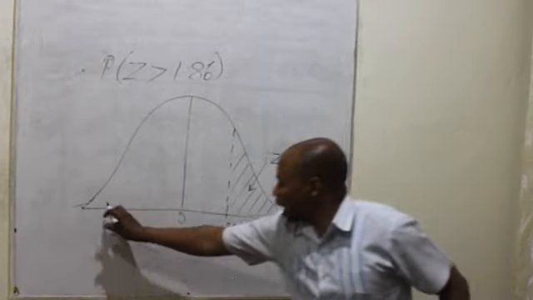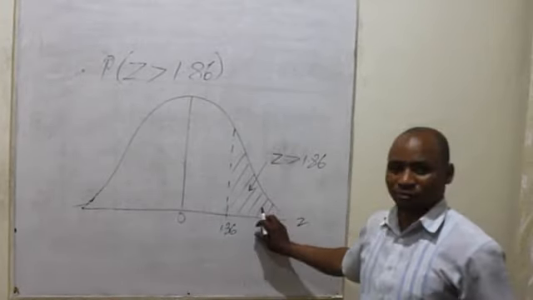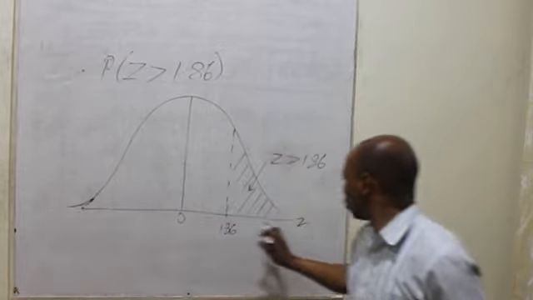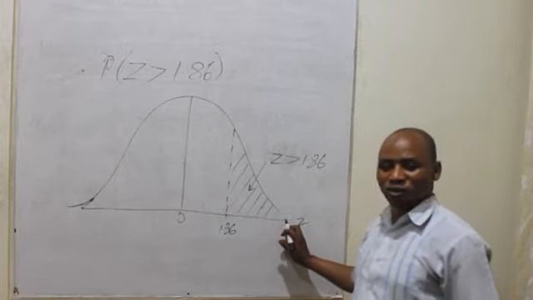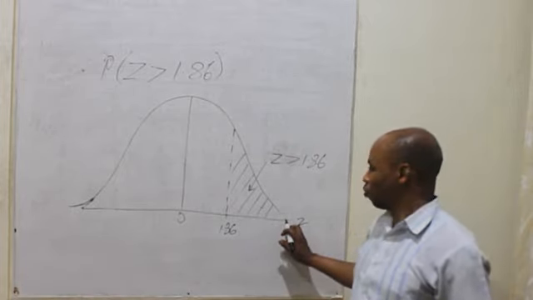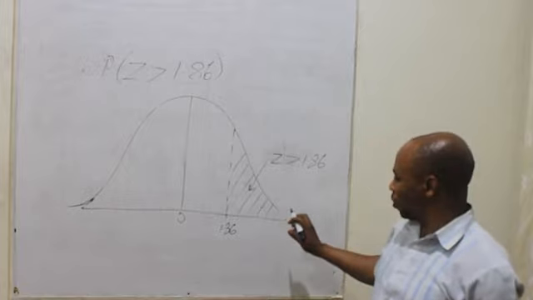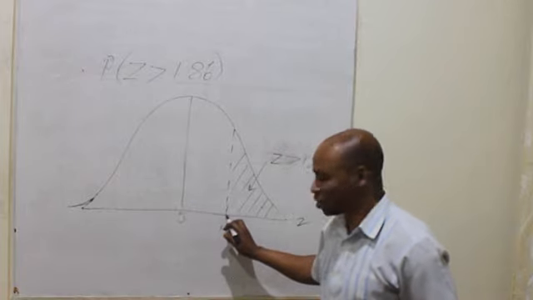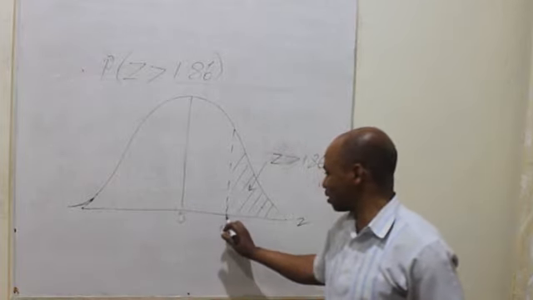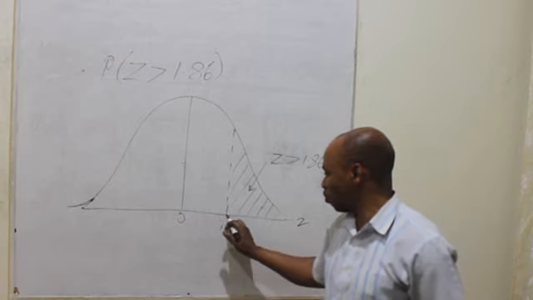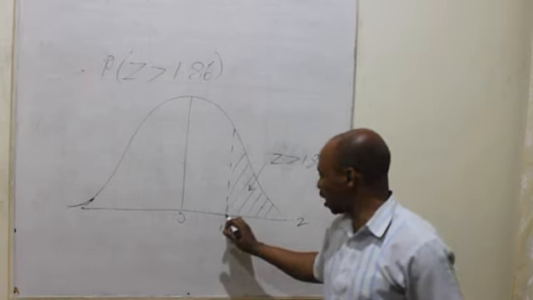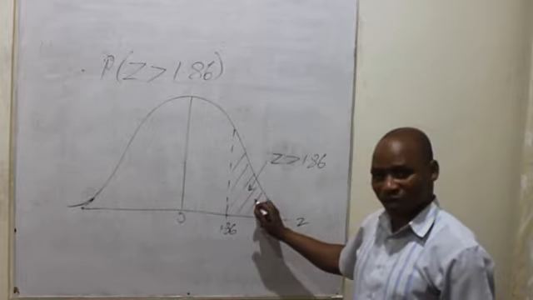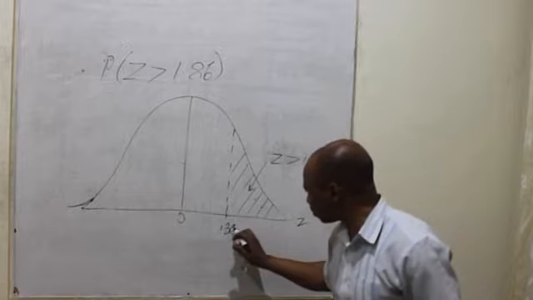Now the total area of the curve is 1. So from here to here gives a total area of 1. If from here to here is the region corresponding to the z-score 1.86, then the area greater than this is this place. So it's a matter of subtracting.